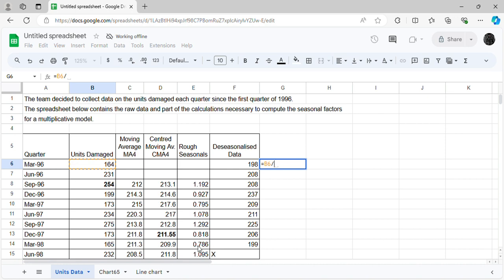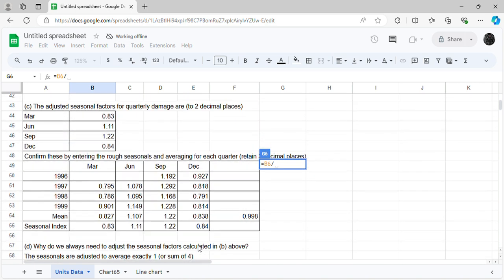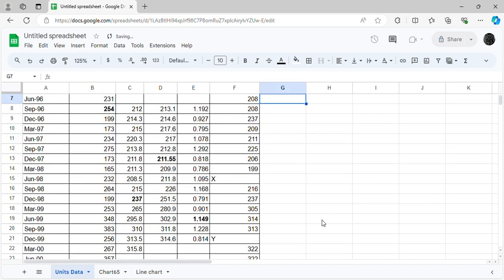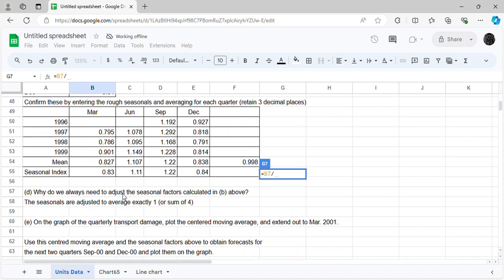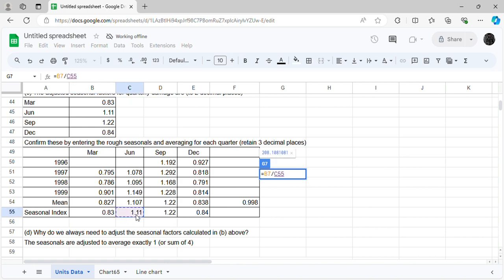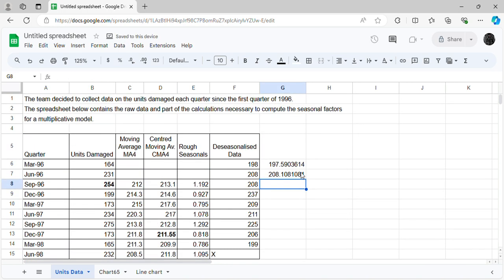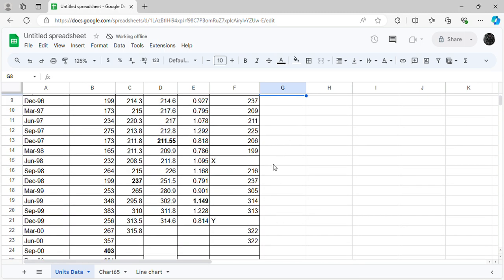So for March, the seasonal index is 0.83, and that's approximately 198. The next one is 231, that's for June quarter, divided by the seasonal index for June. And that's approximately 208.